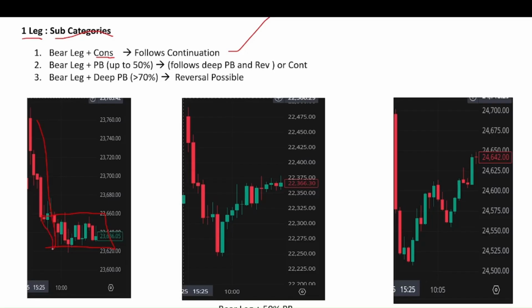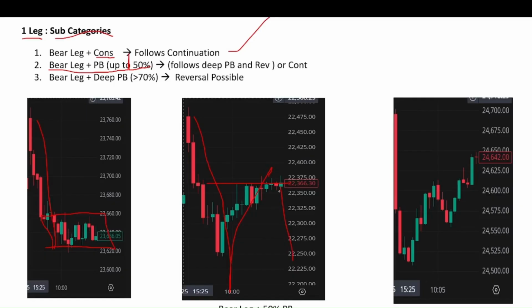So this is what I mean, bear leg and consolidation. This is category 1. Next, another subcategory is bear leg and pullback, and that pullback is less than 50%. So it only pulled back until 50%. According to our rules, what do we expect when we had leg and pullback? You should look for continuation trades, right?